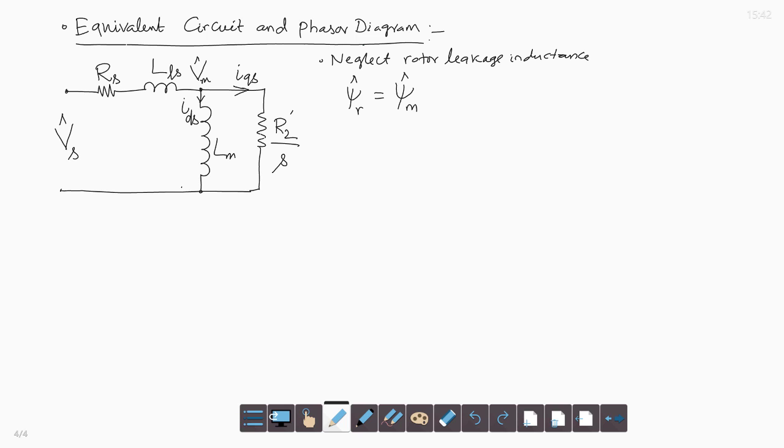Because the rotor branch is purely resistive and the mutual inductance is purely inductive, the currents in the mutual inductance and the rotor branch are at 90 degree to each other. So, the current flowing in the magnetizing branch is the field component of the current IDS, and the other component, the rotor current, is IQS, because it is at right angle.